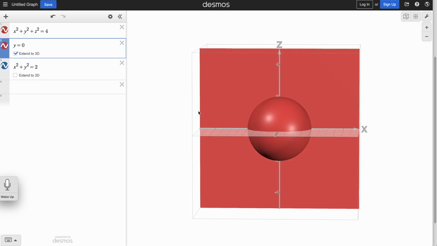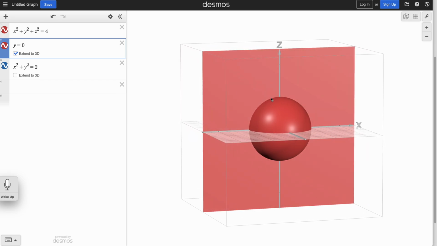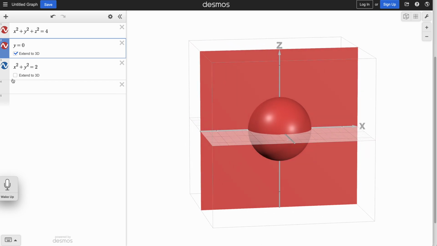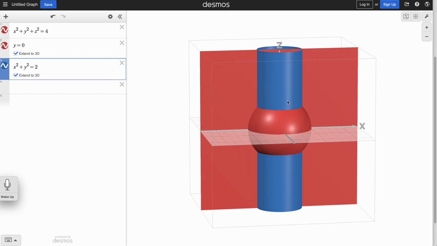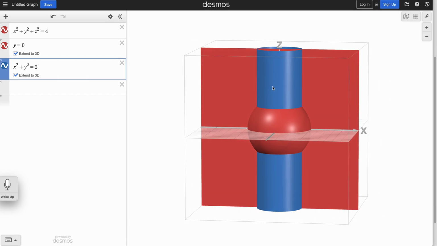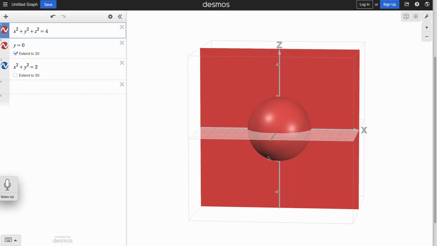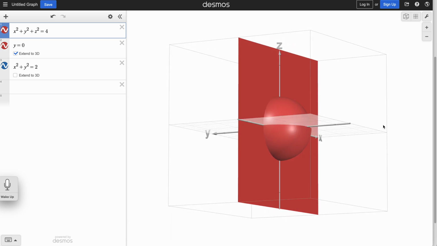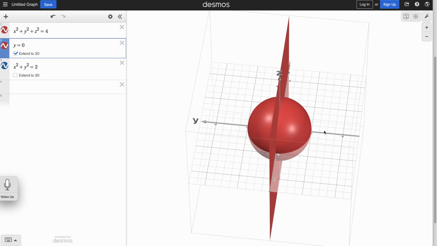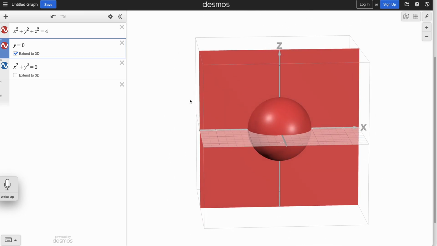So if you were to trace this circle right here, it would become the great circle. Oh, that's interesting. That's not what I wanted to do. But if you were to trace around the outer edge of this sphere, the circle that you trace would be called a great circle because it passes dead center through the sphere.